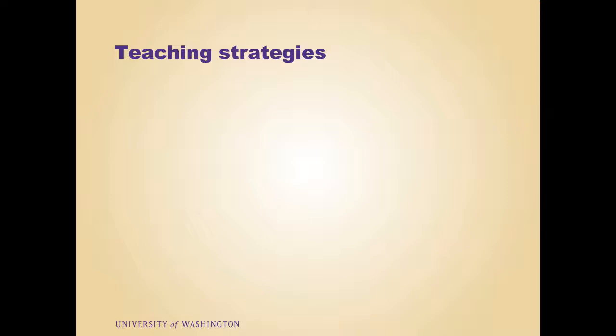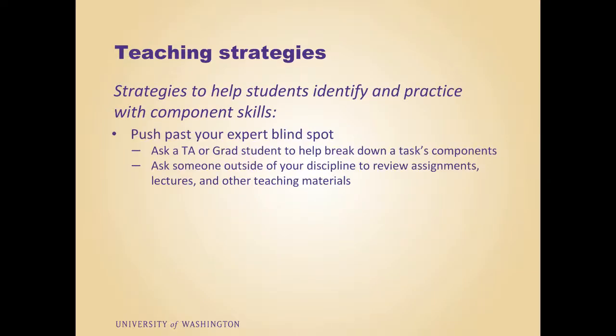Some strategies to help students identify and practice with component skills include pushing past our expert blind spots and working to identify component skills. One way to do this is to ask a TA or a graduate student, who are more likely to be at the level of conscious competence, to help break down a task's components for us.